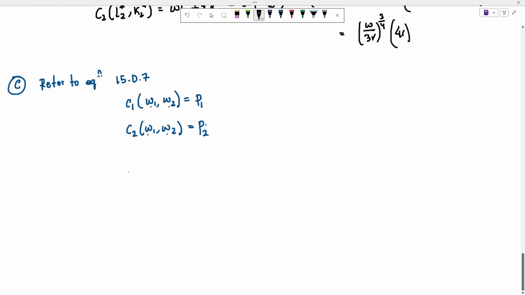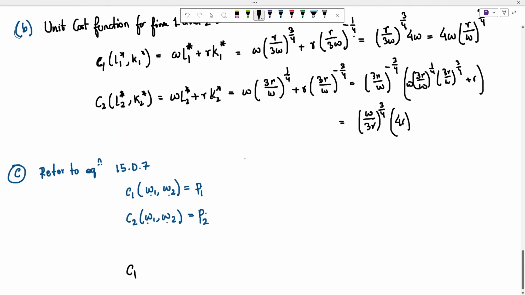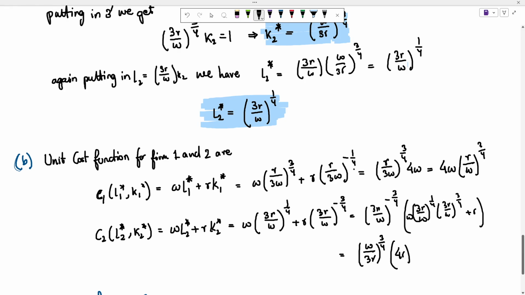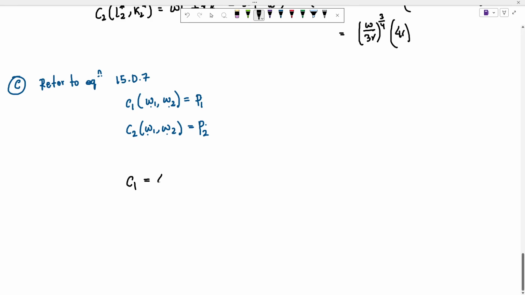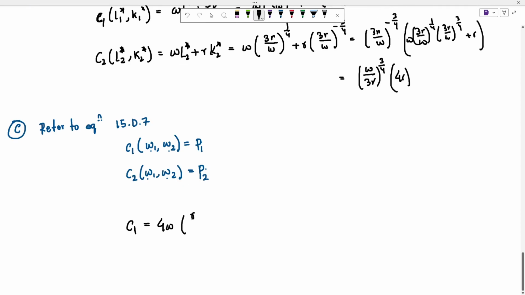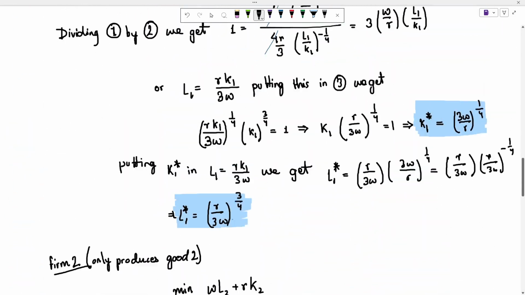So what is it in our case? C1, which is 4W times R by W to the power 3 by 4, should be equal to P1. P1 is given to be 1 in the question.